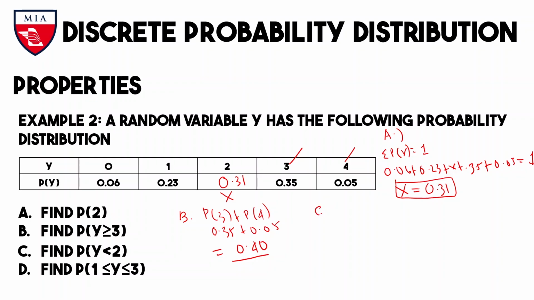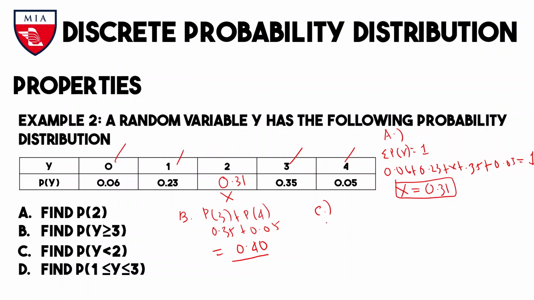Letter C. Find the probability if y is less than 2. How can we find the probability of this event? Observe the table again. What are the numbers less than 2 present in the table? We have 0 and we have 1.